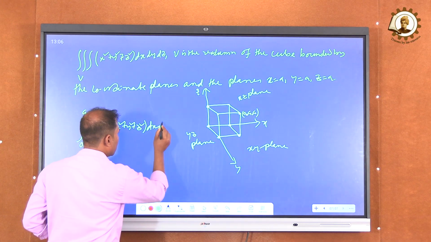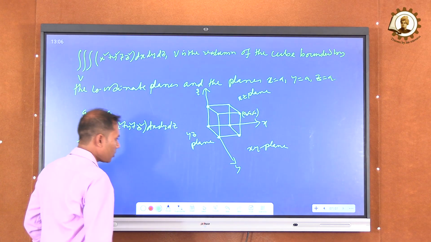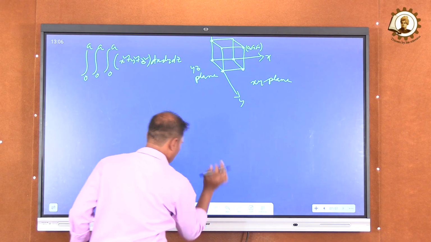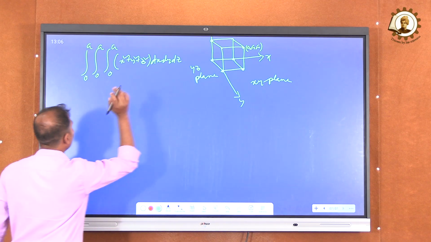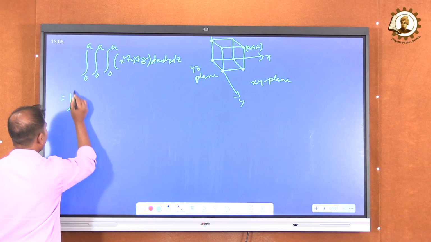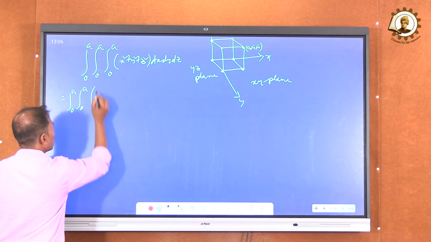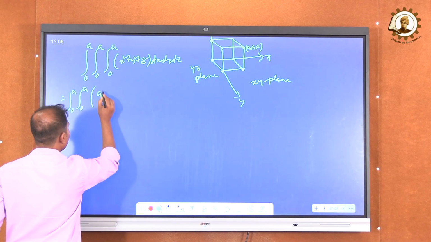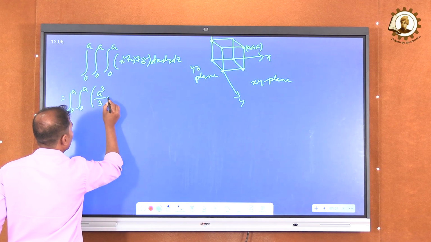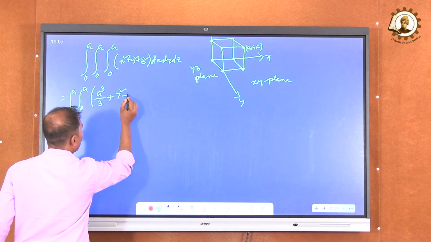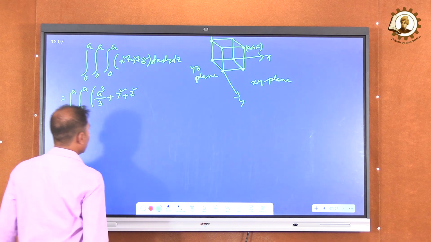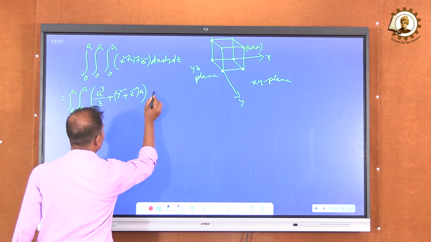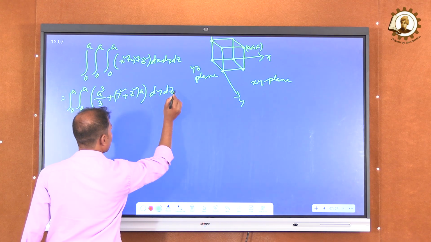So dx, dy, dz. Now we first integrate with respect to x, from 0 to a. Putting in the limits, we get a cube by 3 plus y square plus z square, a dy dz.